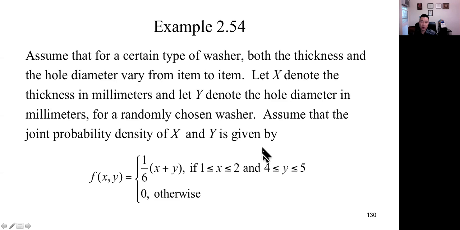For a randomly chosen washer, assume that the joint probability density function of x and y is here. When x is between 1 and 2 and y is between 4 and 5, the density function is this. Outside that range, the probability is 0.